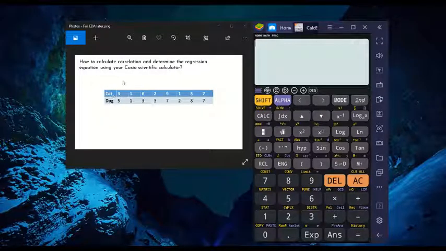So, houses number 1, 2, 3, 4, 5, 6, 7, and 8. This means you investigated 8 households in a community, and you asked them how many cats and how many dogs they have at home. Based on your interview or data gathering, you found this data, and you put it in a table that looks like this.